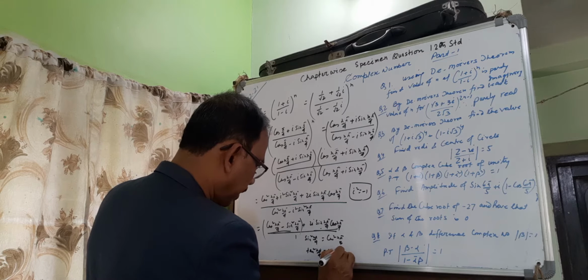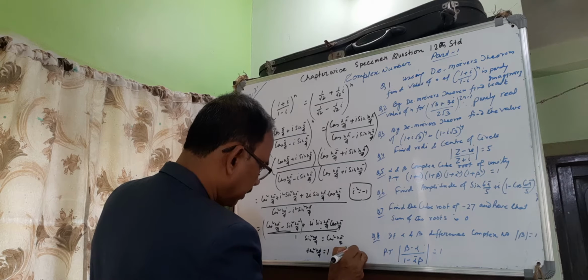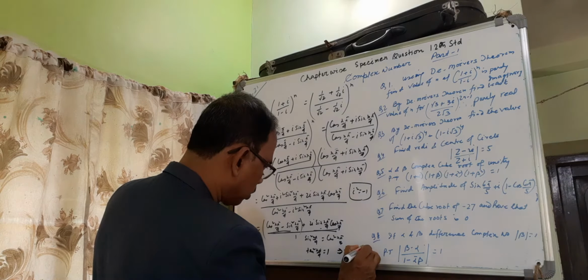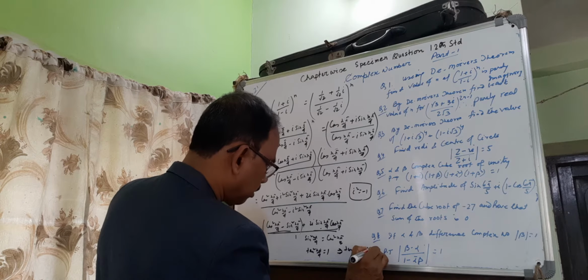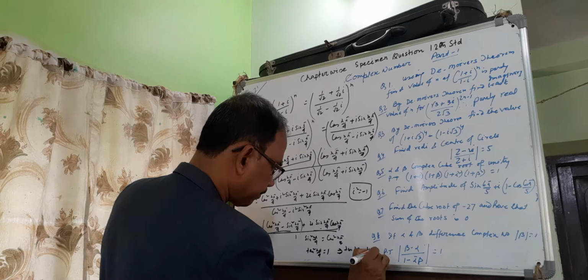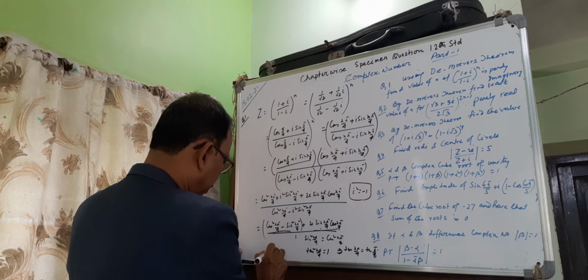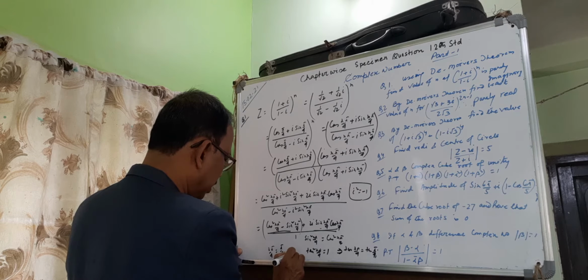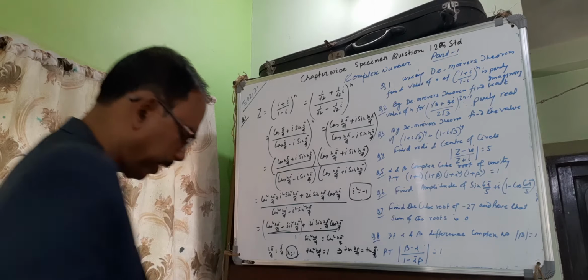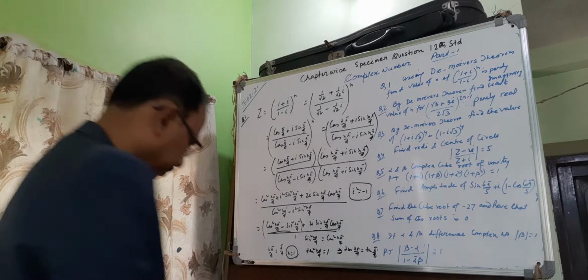That implies tan n pi by 4 equals 1, that is tan 45, tan pi by 4. So therefore n pi by 4 equals pi by 4, that is n equals 1. We got the value of n is 1.